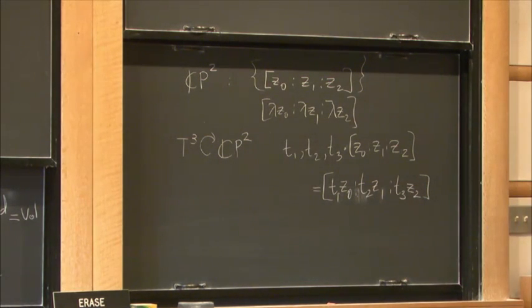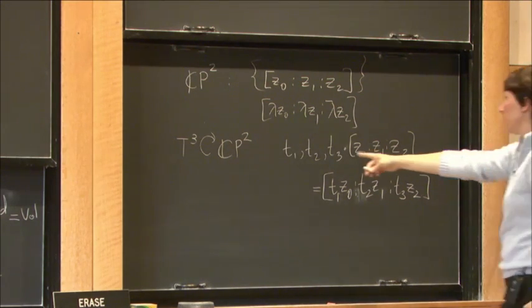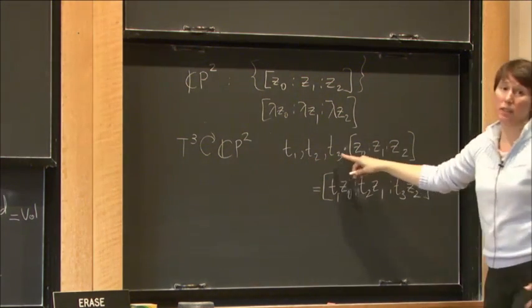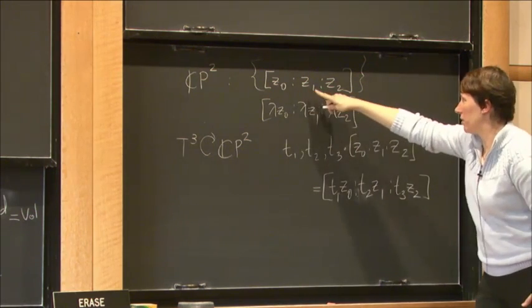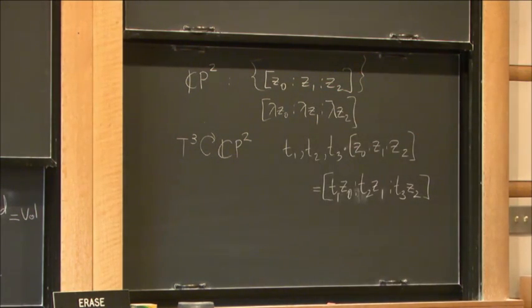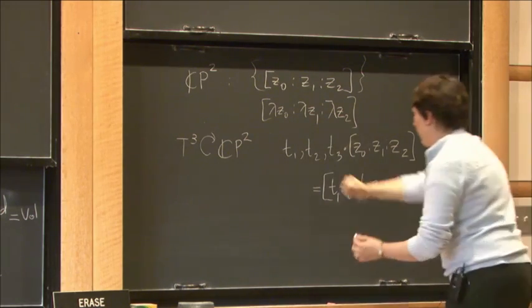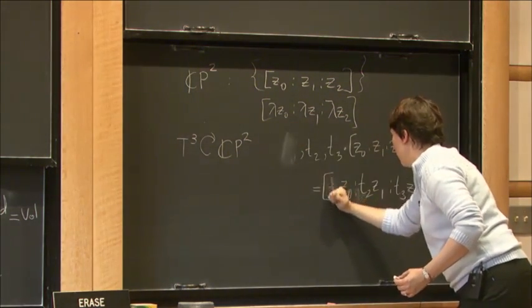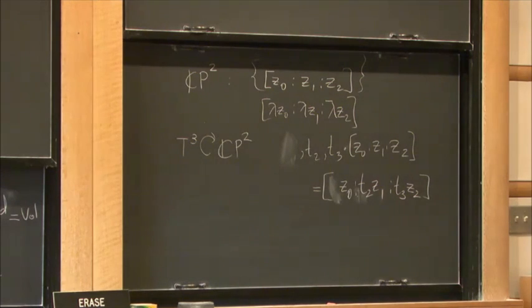Okay, so I just rotate each coordinate, and so then I change my plane. And in this way we can also see that TTT is going to fix it because it's going to send Z0, Z1, Z2 to TZ0, TZ1, TZ2. So it's really only a T2 action. So I can just sort of forget about this one, and what the momentum map is if I write it in those coordinates.